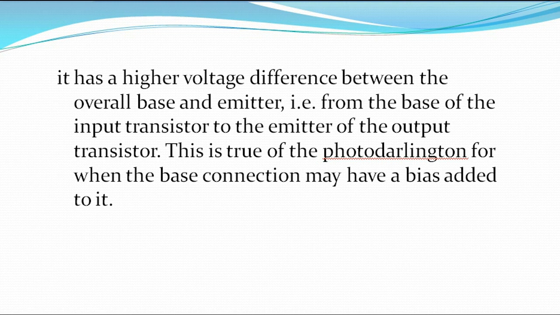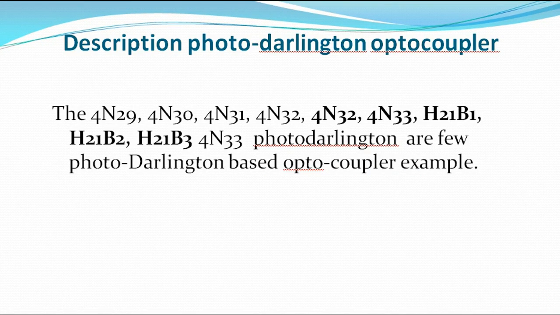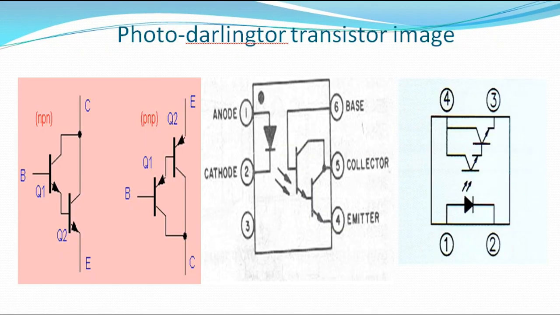Now, what they are trying to do here is let you know that between the base and the collector there is higher voltage. Between this emitter and base, there is higher voltage.